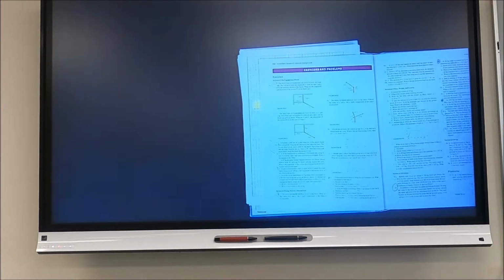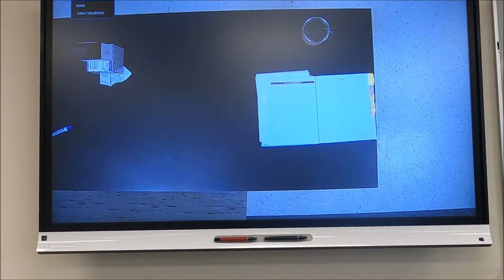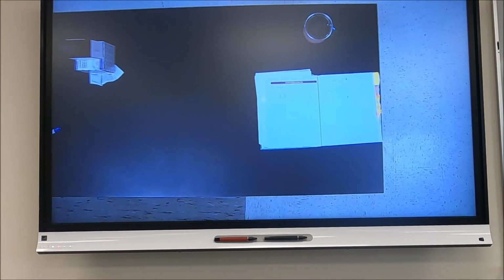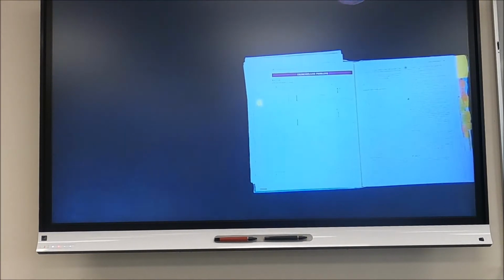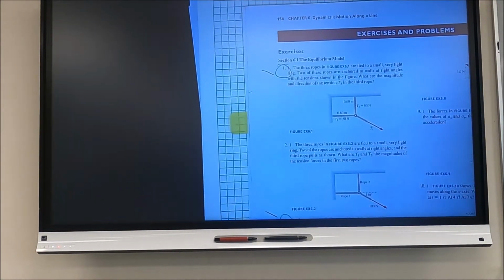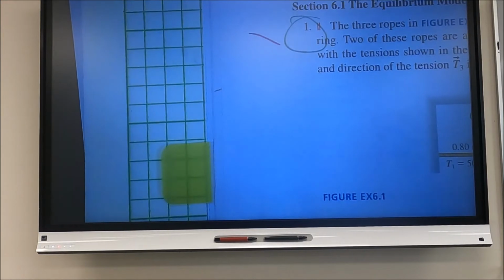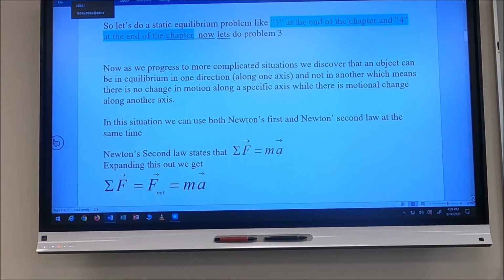Okay, let me draw a picture. Okay, guys, the computer and I are not working. Let's just switch over to the computer. All right, now let me slide this over and see what we can get.